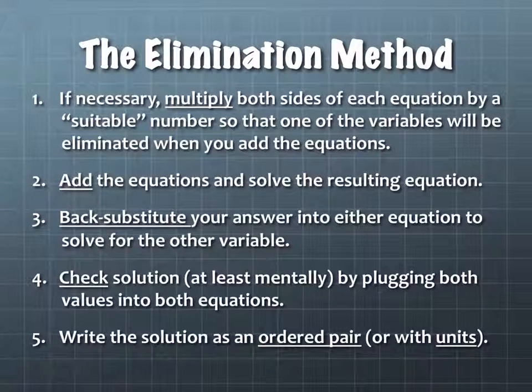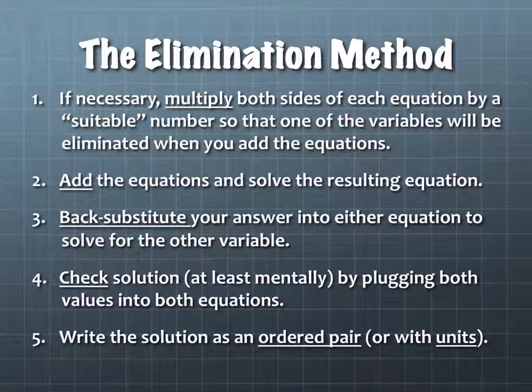The elimination method does the following. So if necessary, you multiply both equations, potentially both equations, by a suitable number so that one of the variables will be eliminated when you add the equations together. So you maybe multiply, maybe you don't. Maybe you multiply one equation, maybe you multiply both equations.